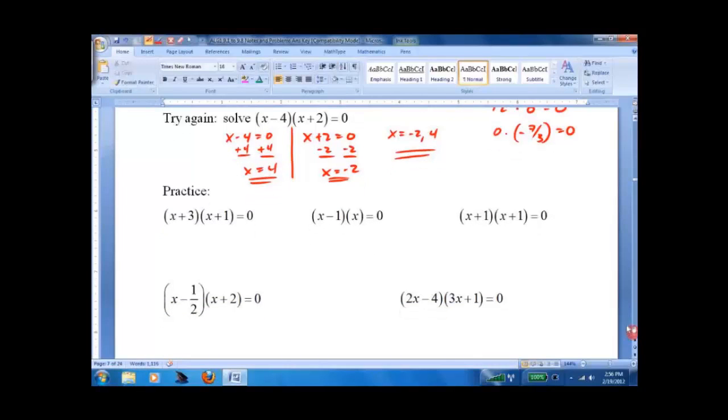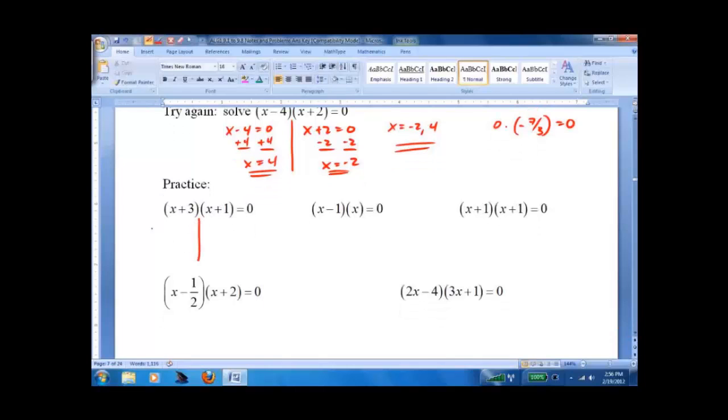So, try it. X plus 3 equals 0. And now I start shortcutting right away. I know I'm going to subtract 3 from both sides. X plus 1 equals 0. Either one works. You might want to pause the tape now and see if you can do the rest yourself.